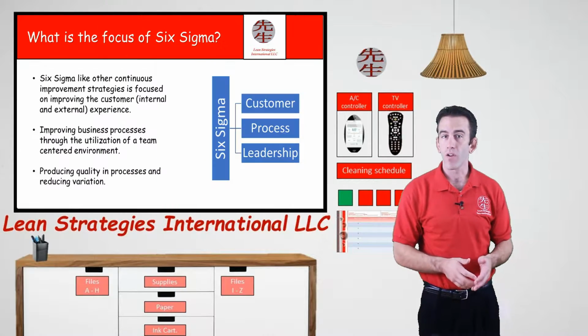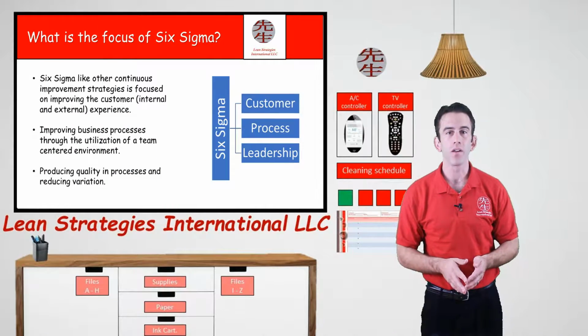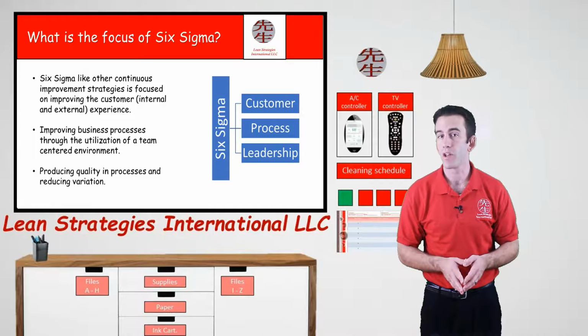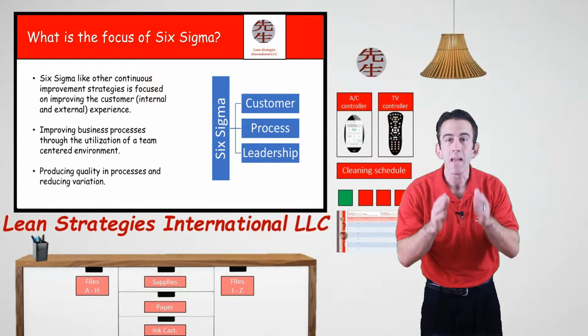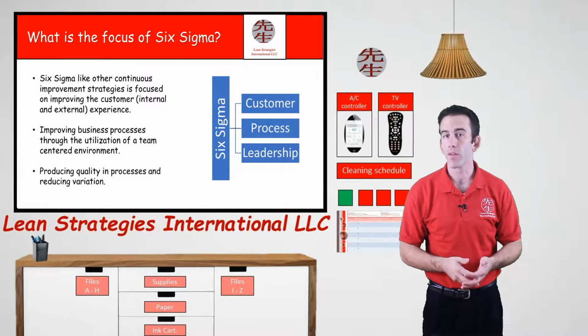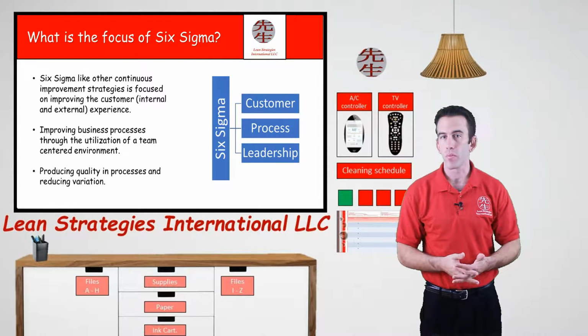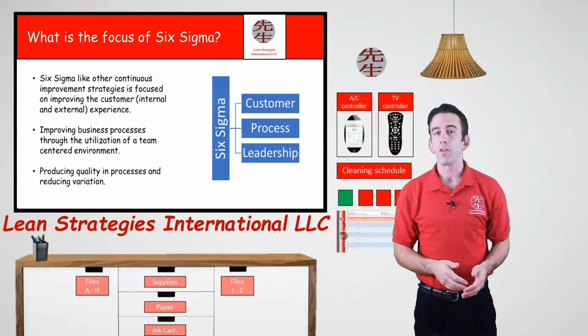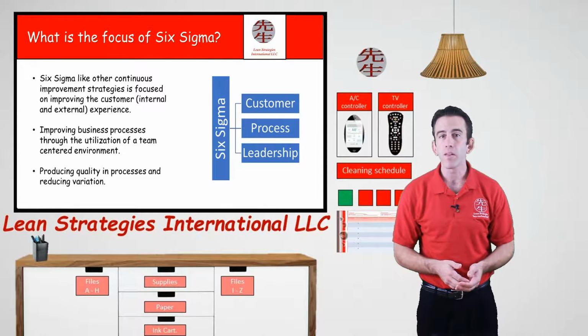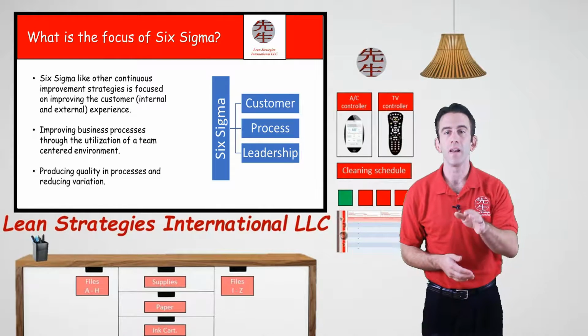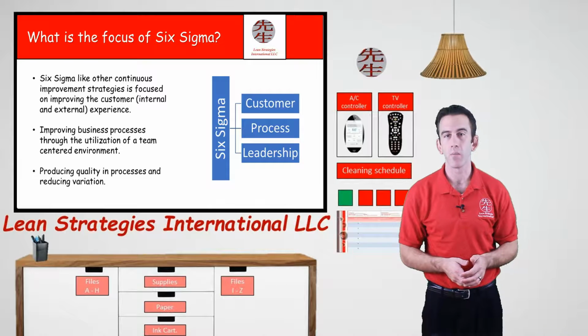First, we should clarify that like every other continuous improvement strategy, Six Sigma is focused on meeting the needs and wants of both internal and external customers. Six Sigma does this by focusing on business processes and creating a team-centered environment.